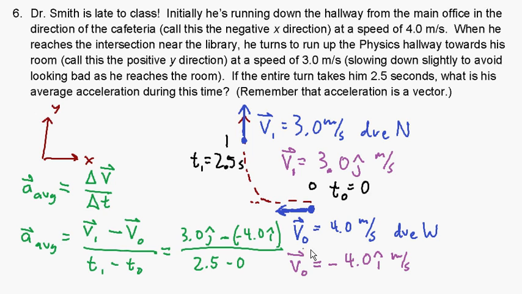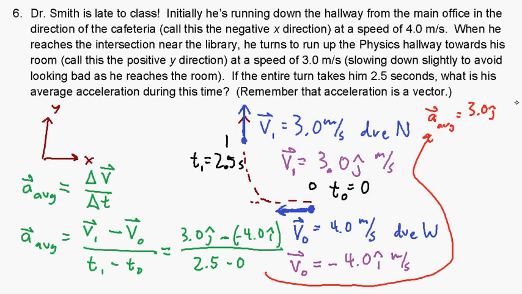This is going to get kind of cramped, but let's go up here. So our average acceleration is 3.0 j hat plus 4.0 i hat, over 2.5.